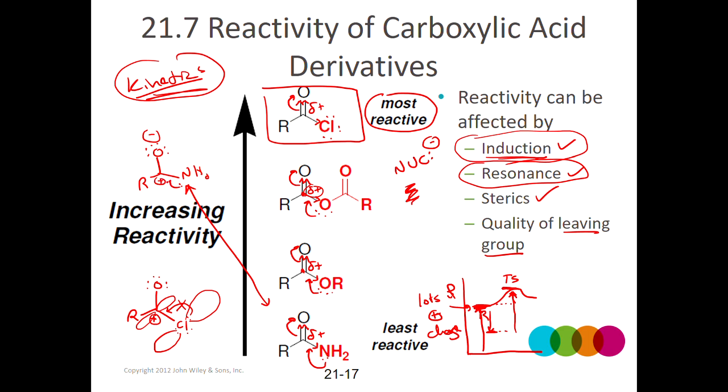But if these electrons swing in there, it gives us another resonance contributor, which is even more major because, at least in this one, all the noble gas configurations are complete, versus here where the carbon doesn't have a complete noble gas configuration.